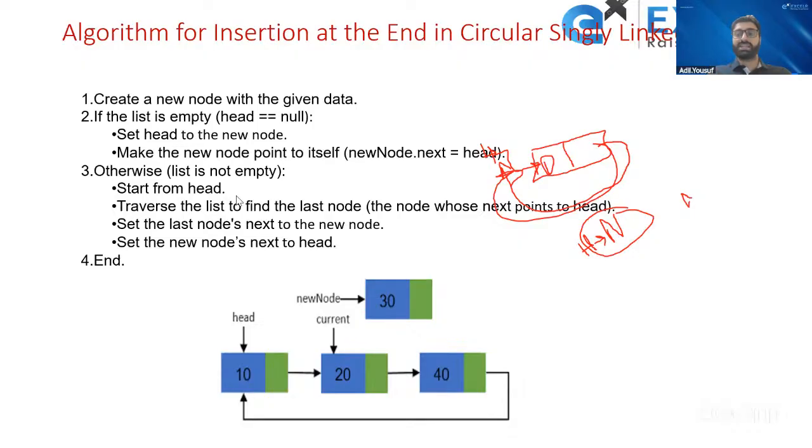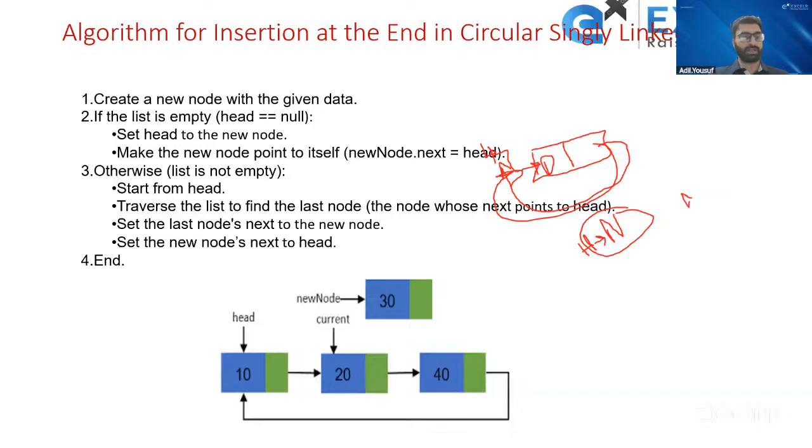If the list has some nodes and we want to insert the node at the end, without breaking the circular link in between, we want to insert the new node at the end. So in a circular linked list, how is the end of the circular linked list defined?